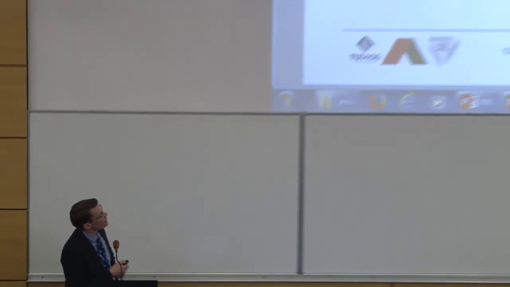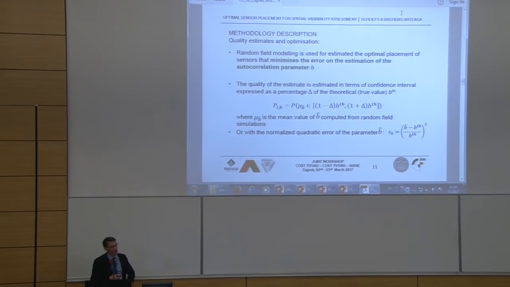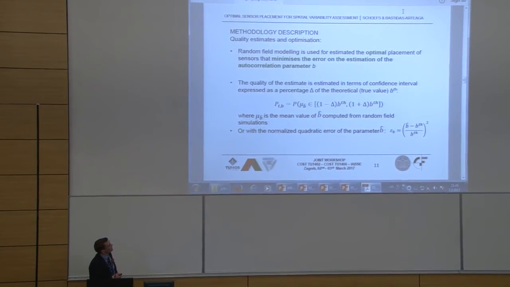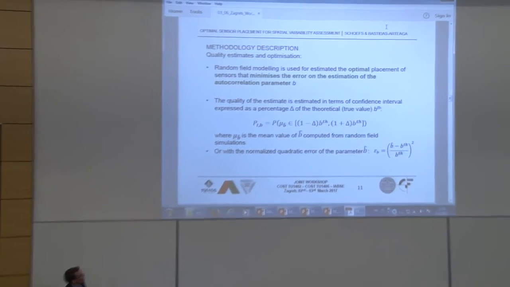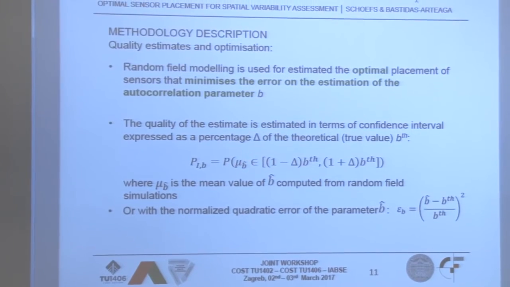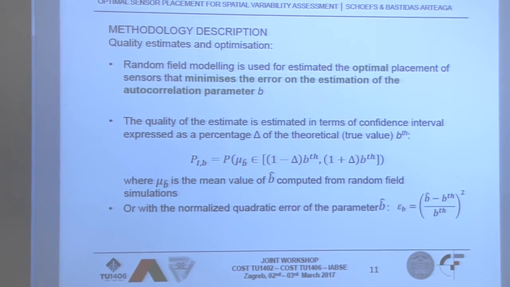The quality estimate could be something like that. That's a kind of confidence interval where we state the errors that we can accept for the estimation of the value. Here that's the theoretical value, and here that's the mean value that we have computed from a trajectory.